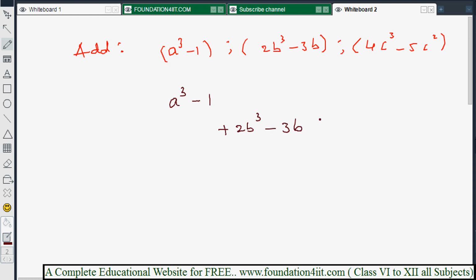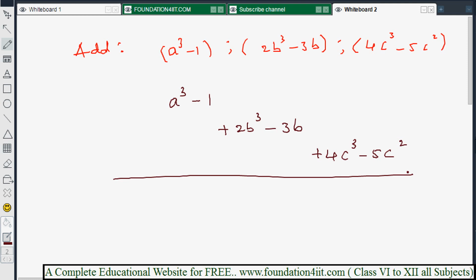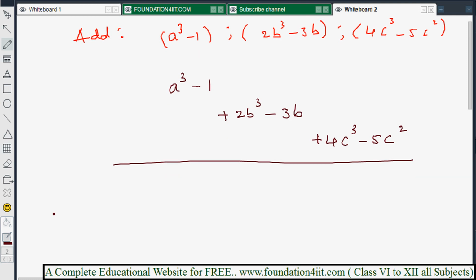Next, 4c cube. Okay, c cube is not there, that's why you can give a gap and write 4c cube minus 5c square. So there are no common like terms in all the polynomials, so write separately and just write as it is down.